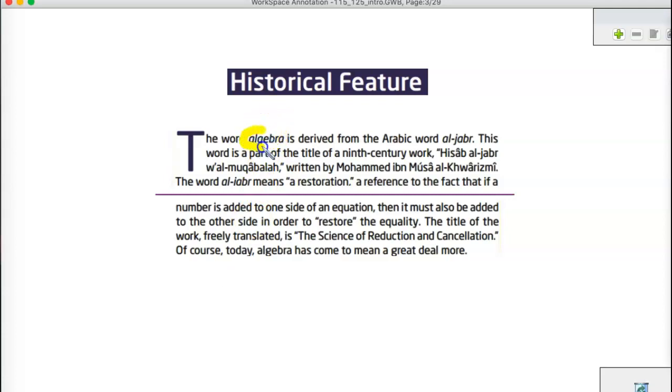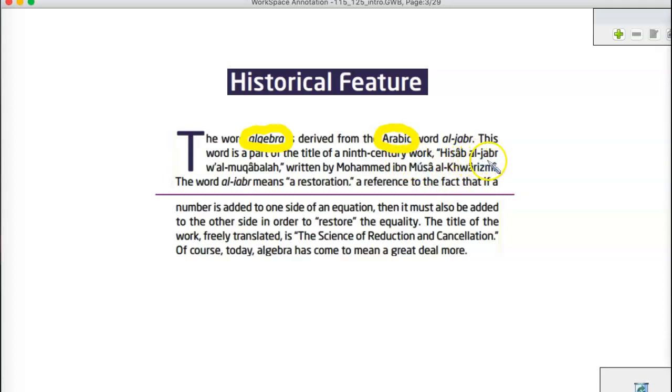This word algebra here is derived from Arabic. And this is interesting because my name is Arabic, Naima, but Al-Jabbar, right? The word is part of a title of a 19th century work. I mispronounced this, so I apologize.